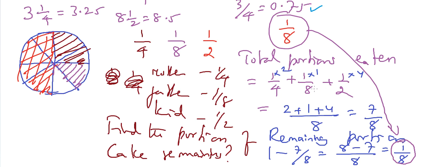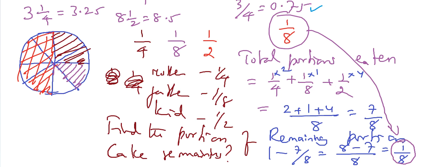You add all the portions, then you will get total portions eaten is 7 by 8. That means 7 pieces out of 8 pieces eaten, remaining 1. So 1 by 8.